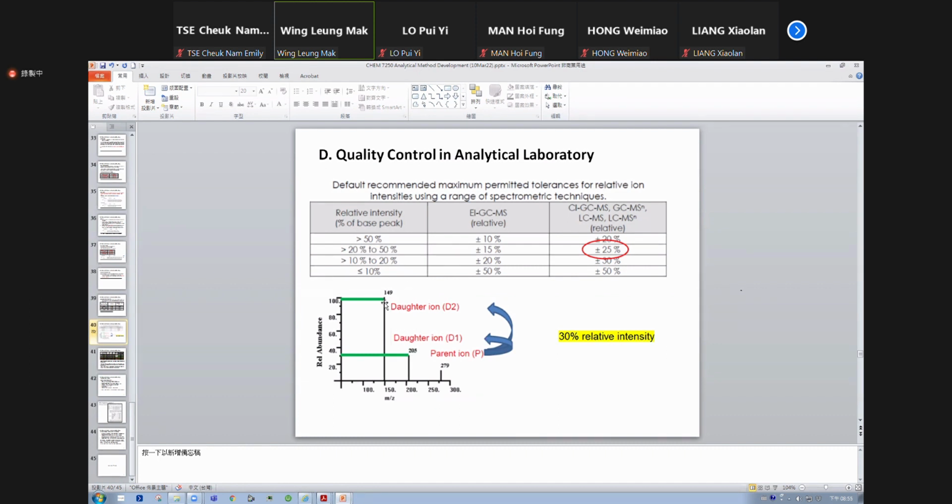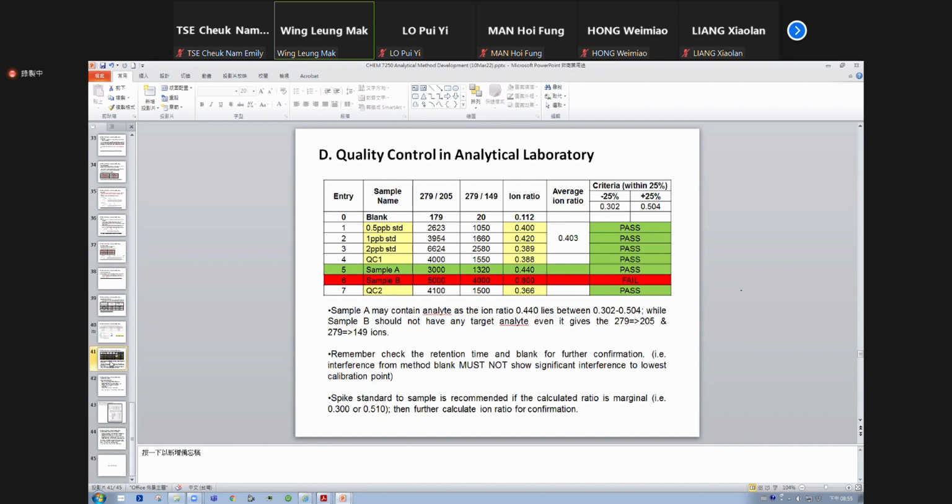For the height ratio, you have the criteria of 25% tolerance, okay? It gives you the information. If it is out of the tolerance, that means you can define it is not the target analyte.